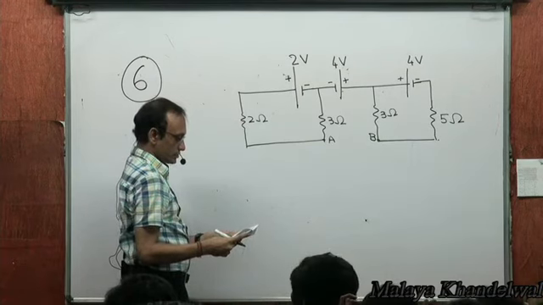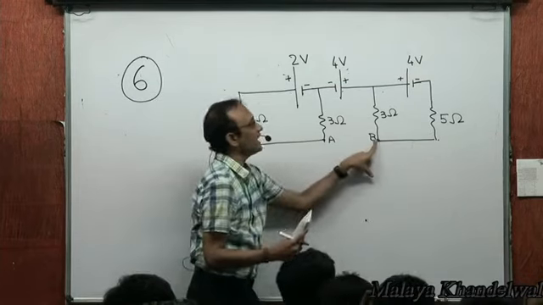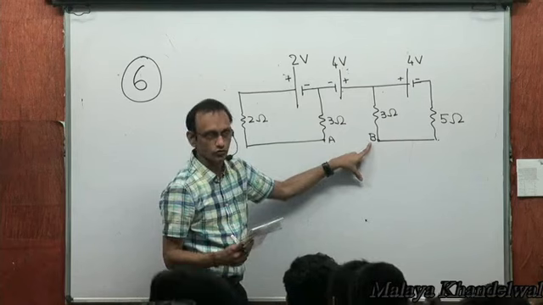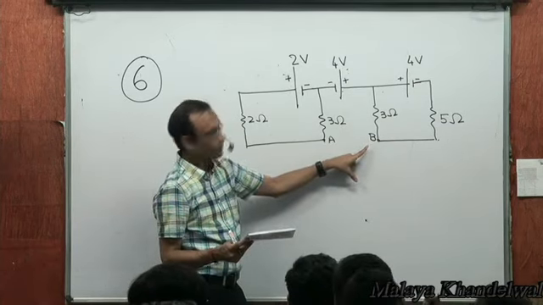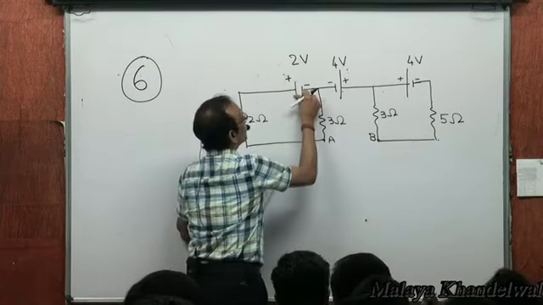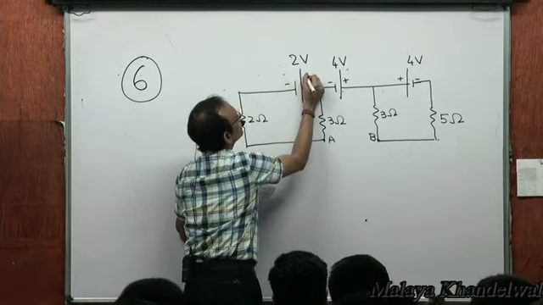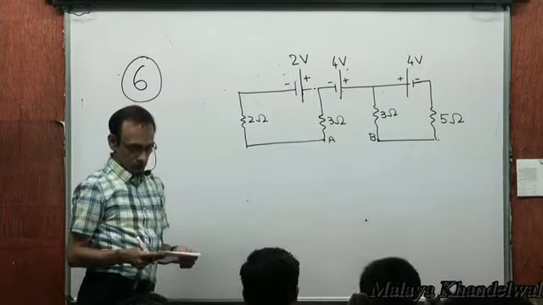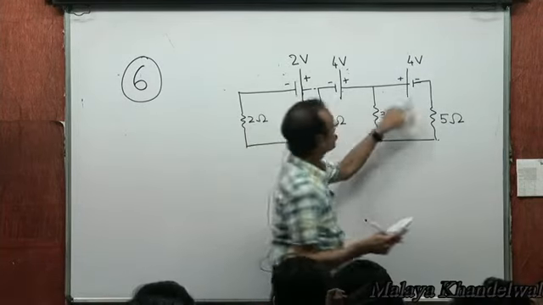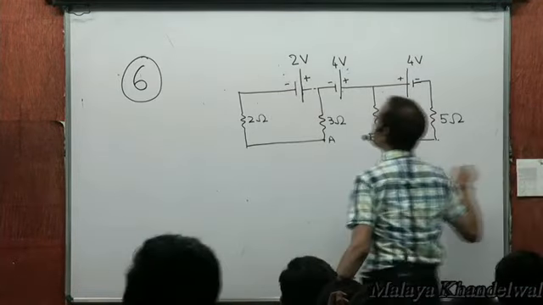In this circuit, we want to be able to obtain the potential difference between points A and B. Potential difference between points A and B is all that we want to obtain here. In the diagram, it's just the opposite. Is this okay now, Rahul? Okay. 2 ohms, 3 ohms, 3 ohms, 5 ohms, 4 volts, etc. VA minus VB is what we are seeking to find.